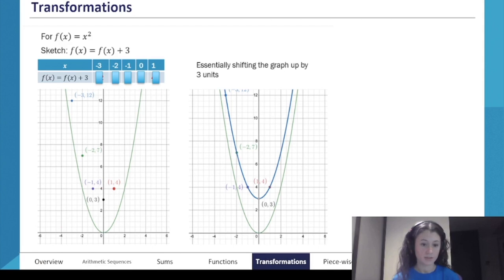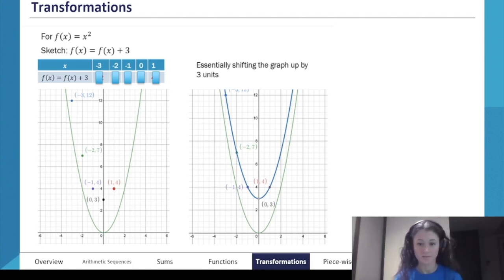As you can see, if we fill in this table of values, when x is equal to negative 3, the curve is now going to be equal to 12.